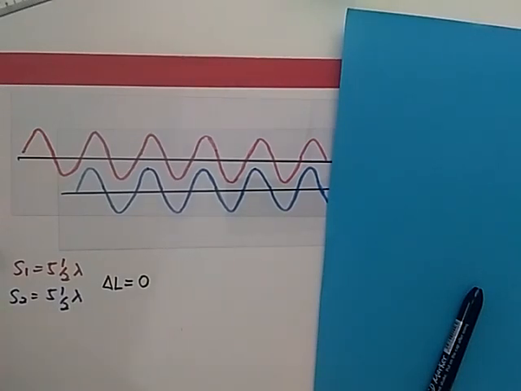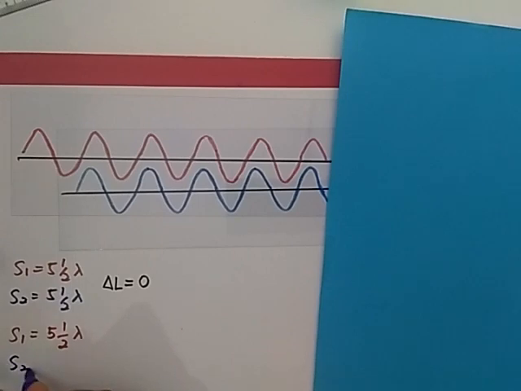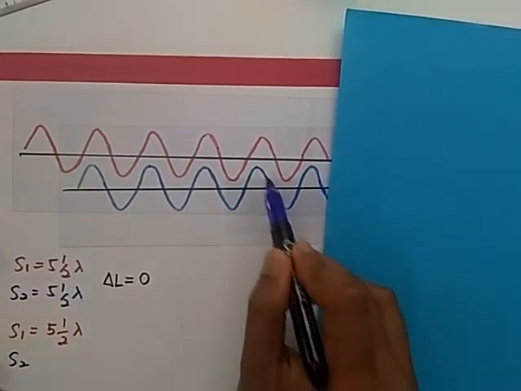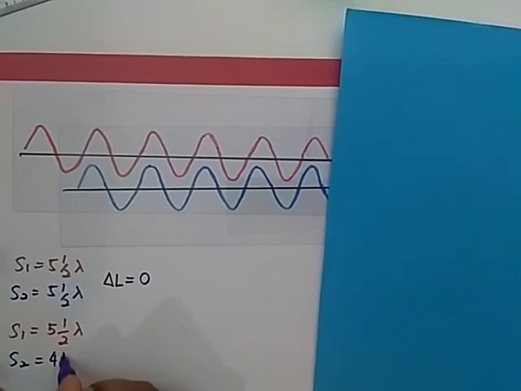So, ada tak perbezaan panjang bagi kedua-dua wave ini? Bagi wave yang merah, panjangnya adalah 5.5 lambda. But for the second wave, S2, kalau kita kira 1, 2, 3, 4 setengah. So, 4.5 lambda.